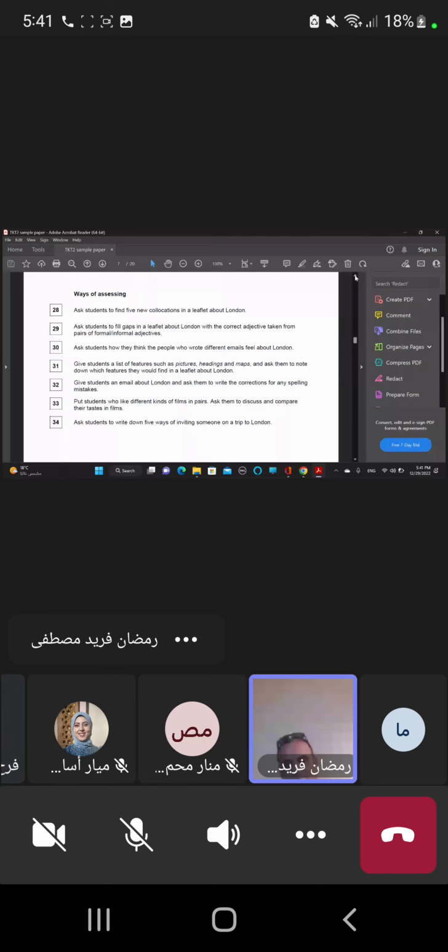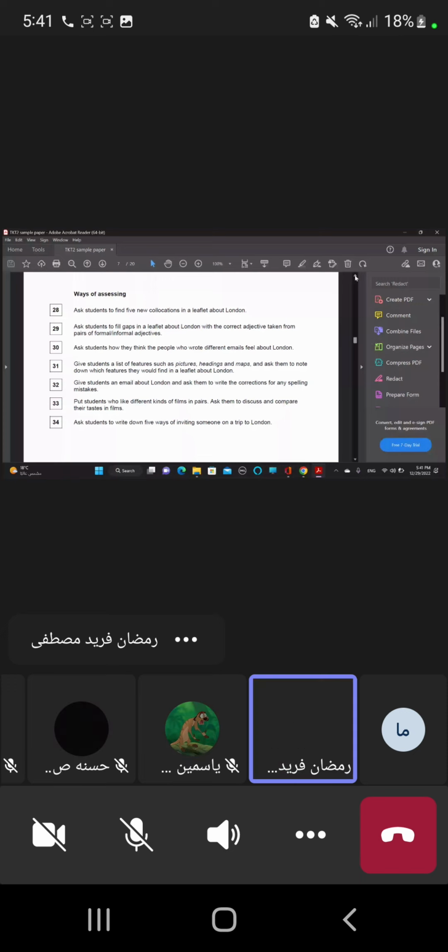Reading the text again to find any errors or mistakes. Okay, fixing the mistakes in a text is called proofreading. Give students an email and ask them to write corrections of any spelling mistakes.